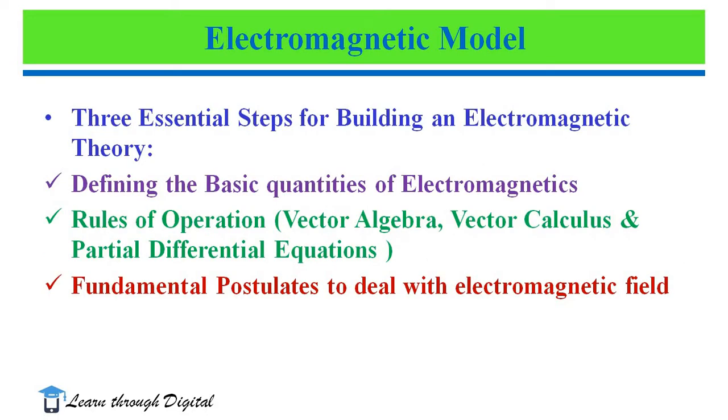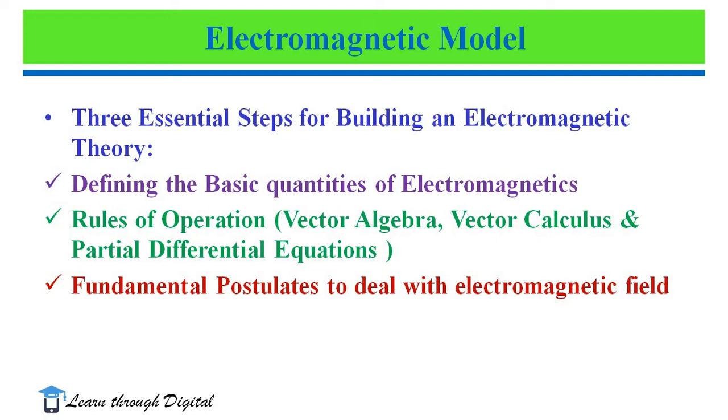Three essential steps are involved in building a theory on an idealized model. First, some basic quantities to the subject of study are defined. This is the first step, defining the basic quantities of electromagnetics. Second step is rules of operation.